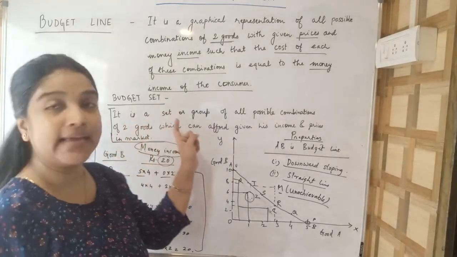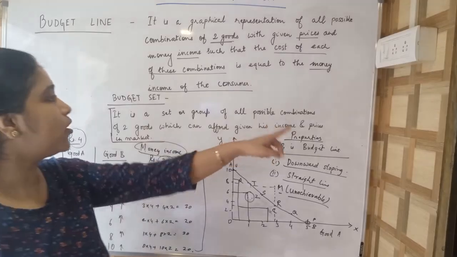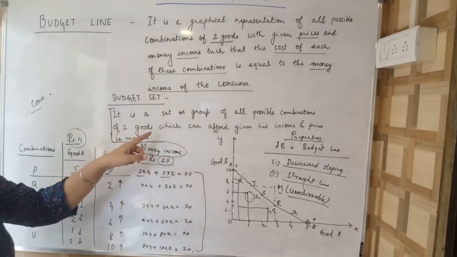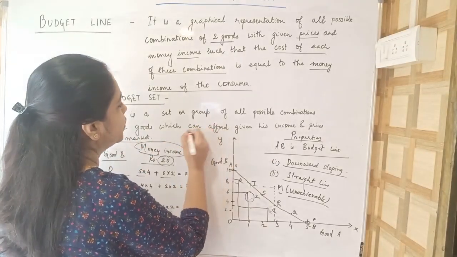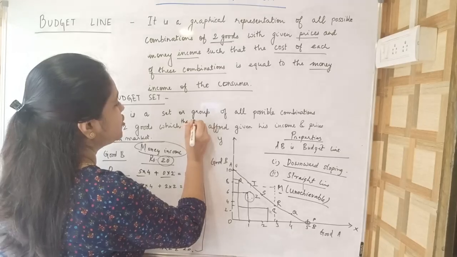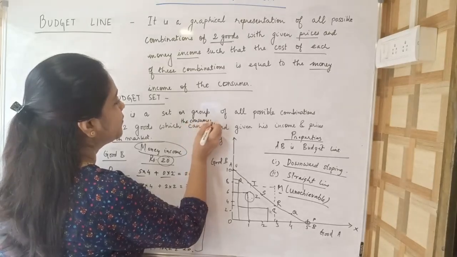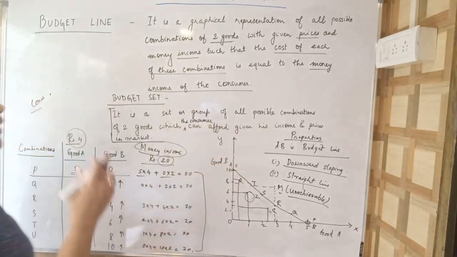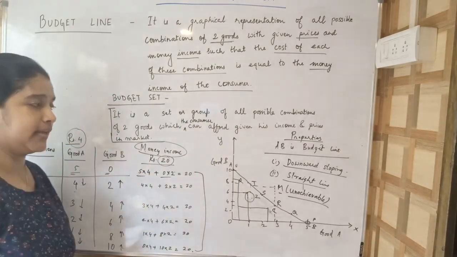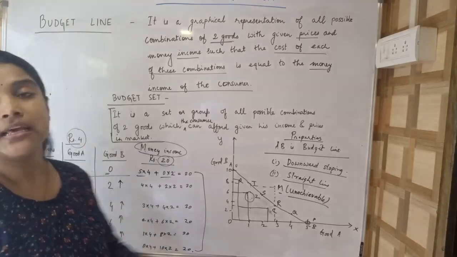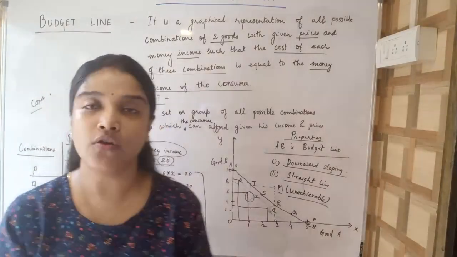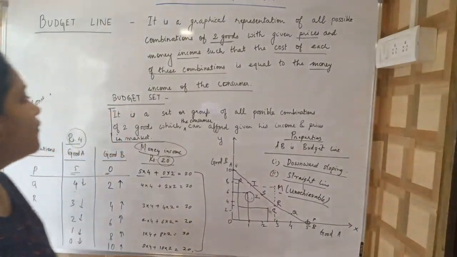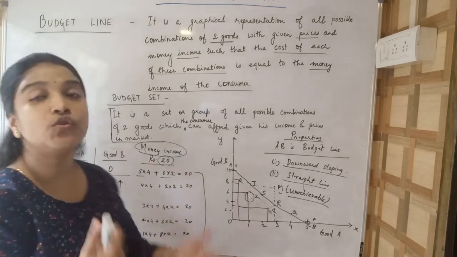Budget set is a set or group of all possible combinations of two goods which the consumer can afford given his income and prices in the market. So budget set is those possible combinations of the two goods which a consumer can afford.